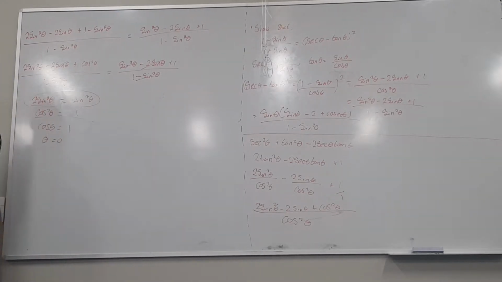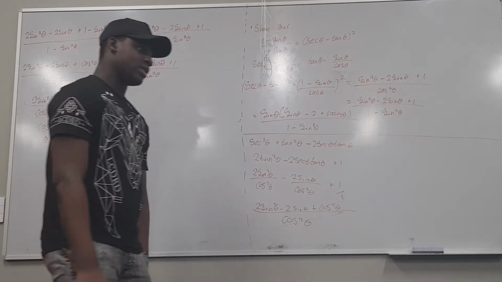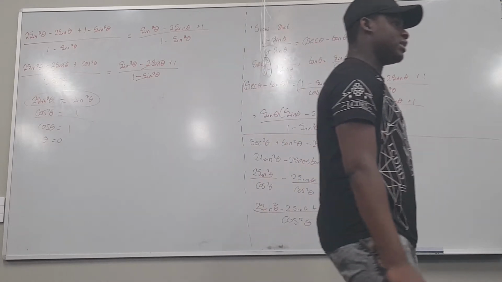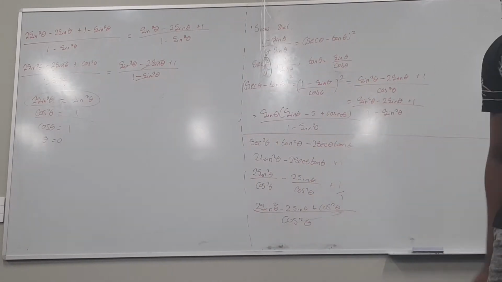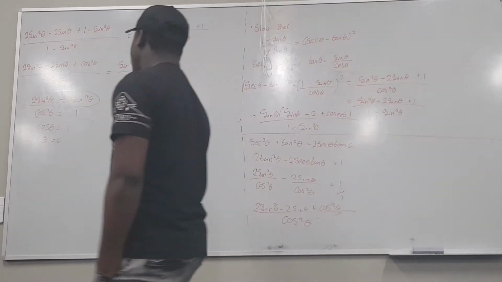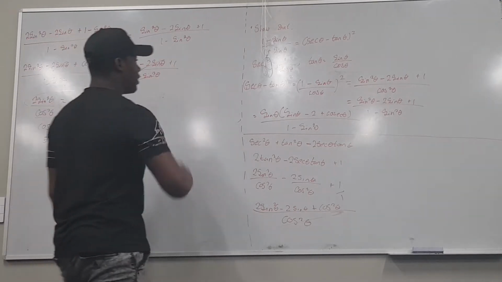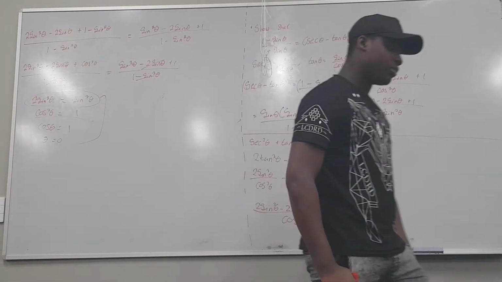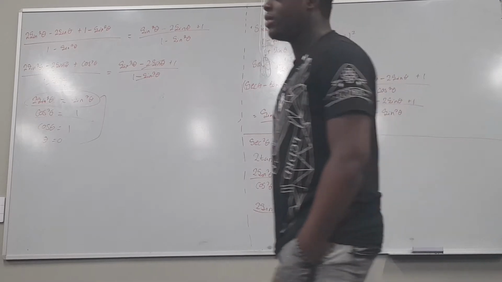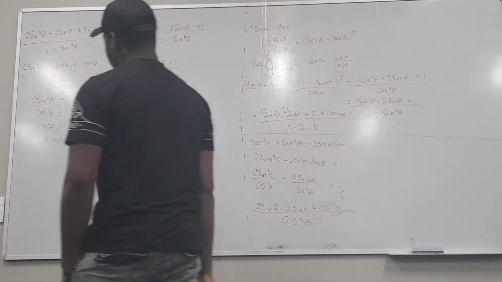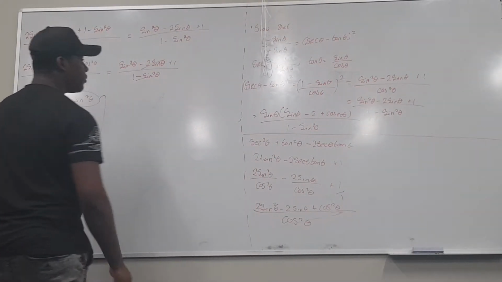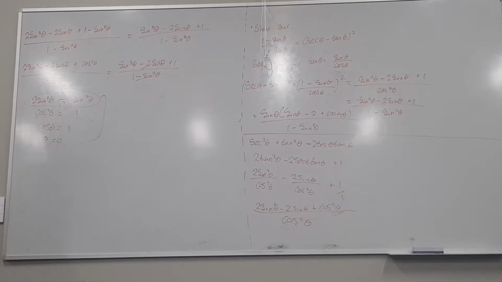And if you plug 0 in here, into 2 sine squared theta equal sine squared theta, you see that sine is 0 at 0 degrees. And for the sake of verification, to verify that 1 minus sine theta divided by 1 plus sine theta equals sec theta minus tan theta all squared, we can say that sec theta is, what's sec theta?